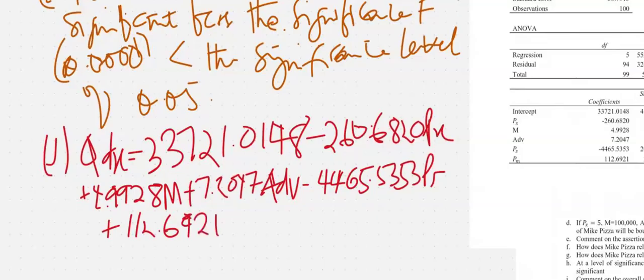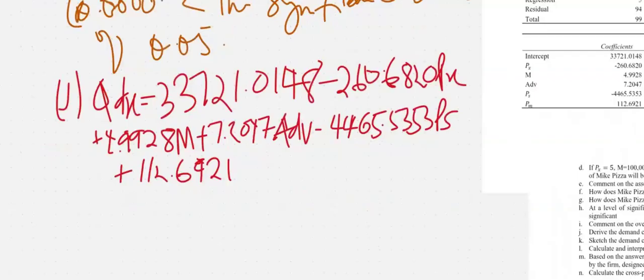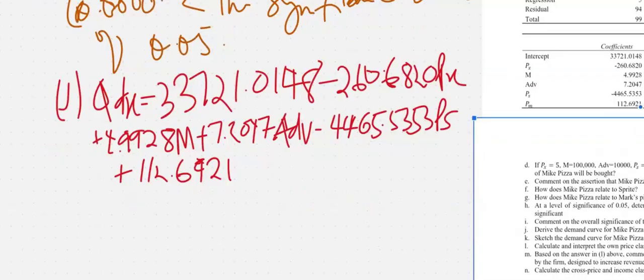Okay. So now the question says that we should derive the demand curve for Mike Pizza.